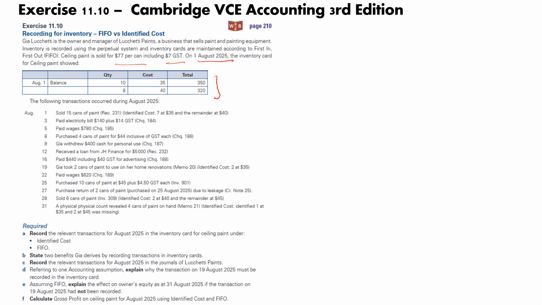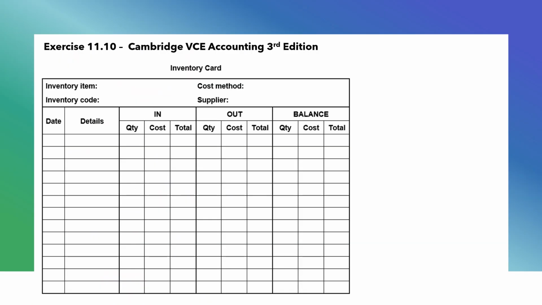And here's the following transactions during August, from August 1st to August 31st. The first part asks us to record the relevant transactions in the inventory card under both methods, identified cost and FIFO, which is what we're going to do.